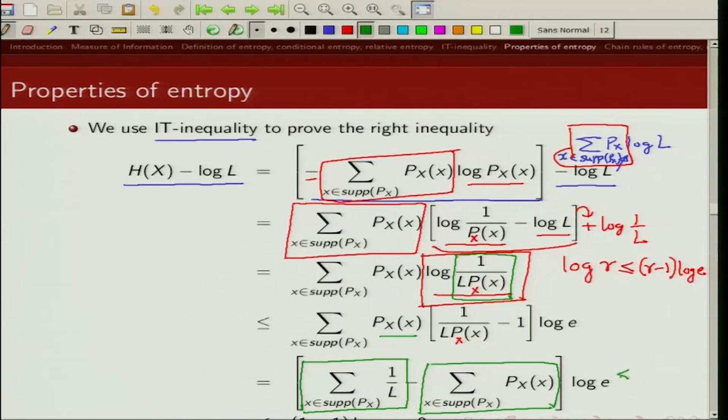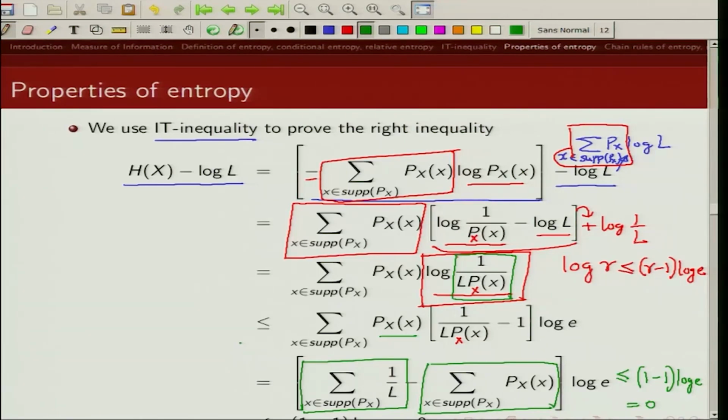So this term will be 1 minus 1 log of E, which is basically 0. So what I have shown here is h of x minus log of L is less than or equal to 0. In other words, h of x is less than or equal to log of L.